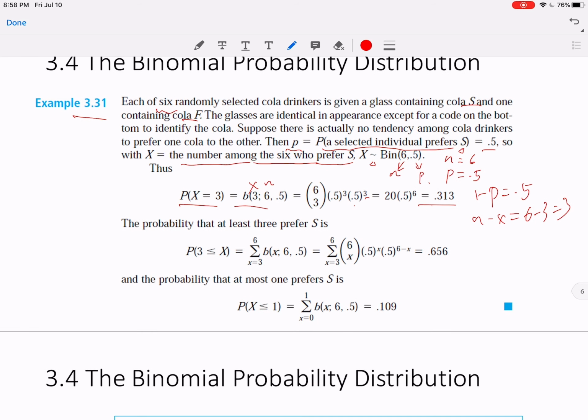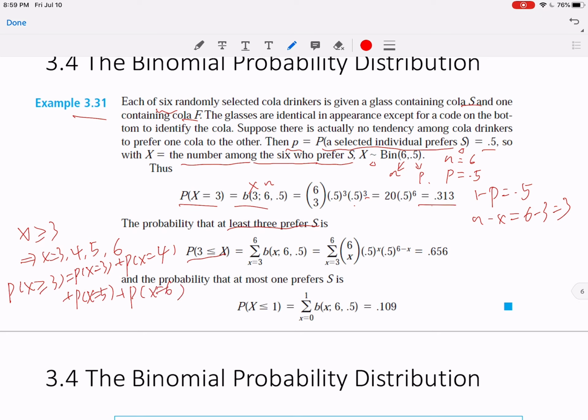And then let's take a look at the probability that at least 3 prefer S. So we're looking for the probability that x is greater than or equal to 3, right? If x is greater than or equal to 3, that means x could be 3, 4, 5, and 6. So the probability x is greater than or equal to 3 is equal to the probability of x equal to 3 plus the probability of x equal to 4 plus the probability of x equal to 5 plus the probability of x equal to 6.